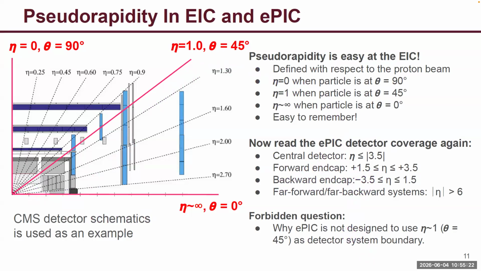We will talk about it in the discussion session, but I think this is common. If you ask a lot of people, they give you different answers. But we can talk about that in the discussion session: why this is not 45 degrees, why this boundary line is not used like the CMS over here.